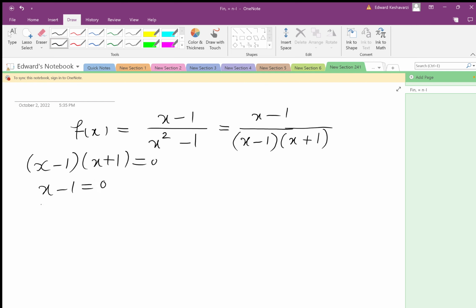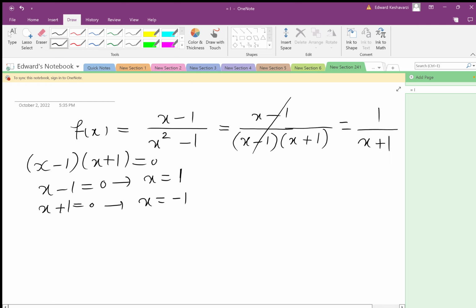Either x minus 1 equals 0 or x plus 1 equals 0. So x equals 1 or negative 1. So if you cross out x minus 1, what remains is x plus 1. So the denominator that stays after simplifying, which is x plus 1, gives you a vertical asymptote. So it means x equals -1 is a vertical asymptote to this function.